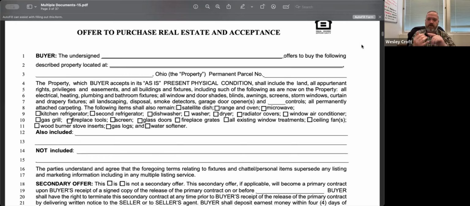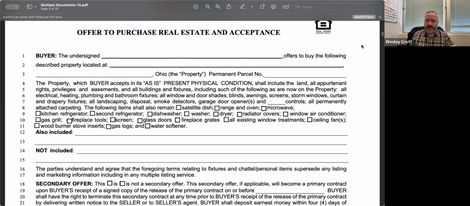For example, all of the electrical, heating, plumbing, and bathroom fixtures, all the windows, door shades, blinds, awnings, screens, storm windows, curtain and drapery fixtures, landscaping, garbage disposal, smoke detectors, garage door openers. Then on line 7, where that blank is, I typically just write the word all. So I want all of the garage door openers. And then all permanently attached carpeting.